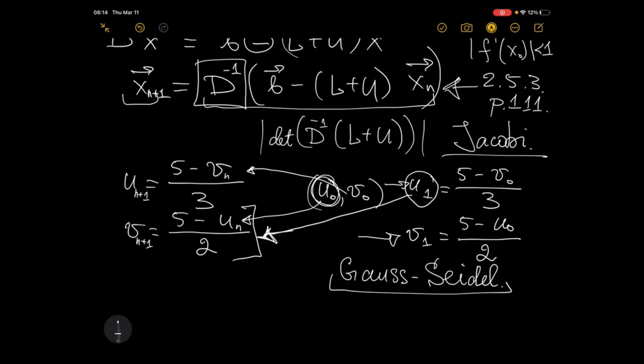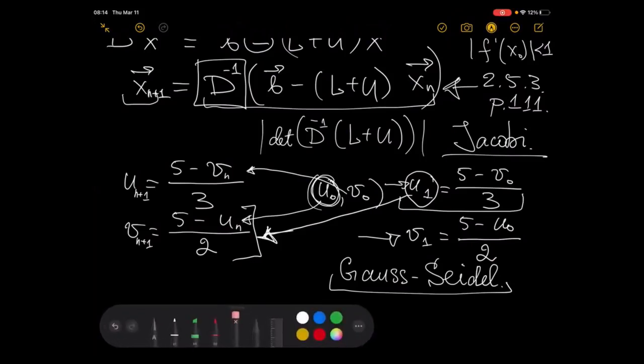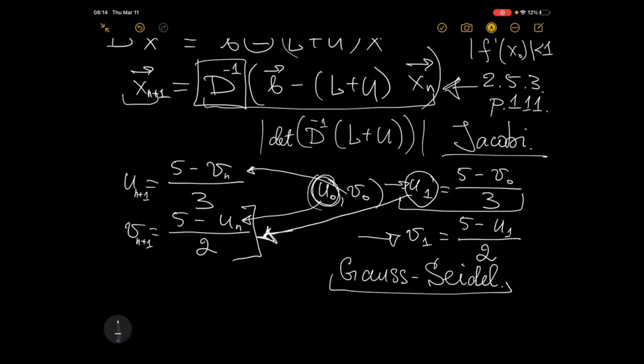So here we obtained U1. As a result, instead of using U0 here, let us use U1, just like that. It would change our iteration method just a little bit. So you see, we here use already hopefully better approximation, U n plus 1.